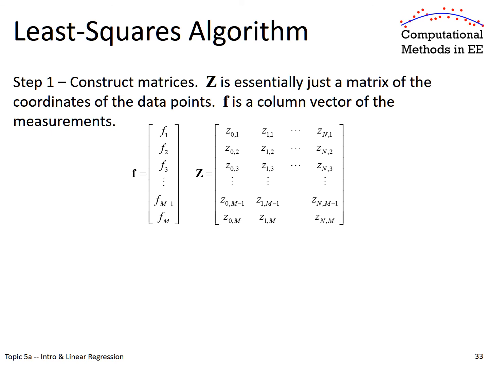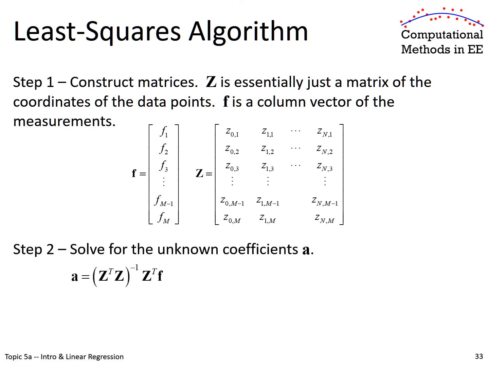So in matrix form, here is the least squares algorithm. The first thing we'll do is construct the F and the Z matrix. Remember that the Z matrix essentially contains all of the coordinates and the F, the measured values. Once we're there, we just solve for that column vector, the unknowns, following the least squares algorithm.